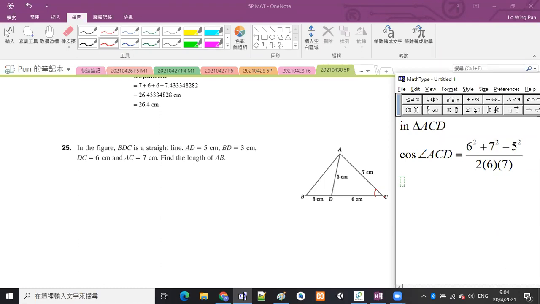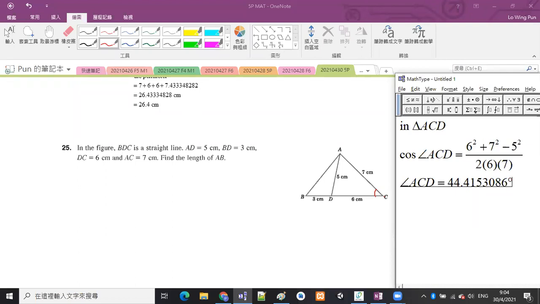You may use the calculator now. 6 squared plus 7 squared minus 5 squared, enter. And then divided by bracket 2 times 6 times 7, enter. And then shift cosine answer. So angle ACD is equal to 44.4153086 degrees.